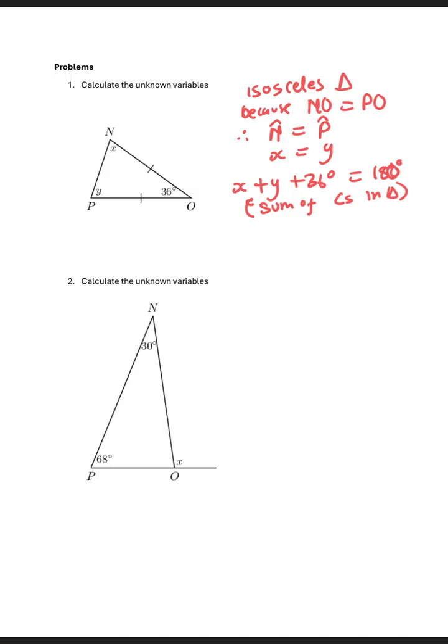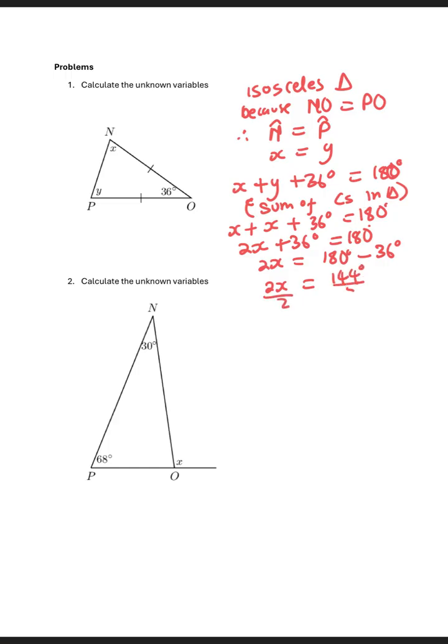But X and Y, they are equal, so we can replace Y by X. So X plus X is 2X, plus 36 equals to 180, and then 2X equals 180 minus 36, and then 180 minus 36 is 144.